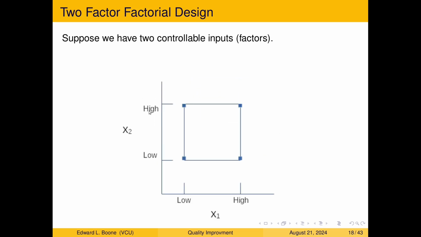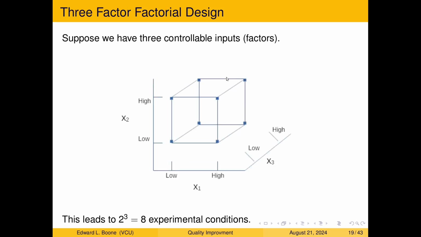And if you notice, in this case, this is going to produce 1, 2, 3, 4 experimental conditions: low-low, low-high, high-low, and high-high. Then you also are going to need replication. So when you're thinking about how many objects do I need to experiment on, these can grow quite crazily big. Here, suppose we have 3 controllable factors.